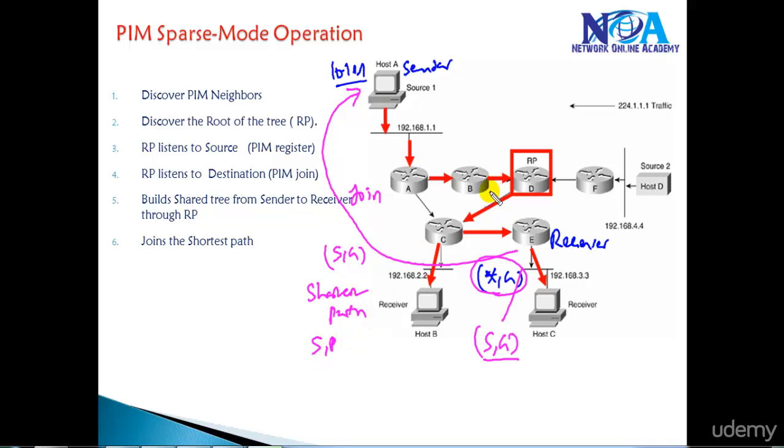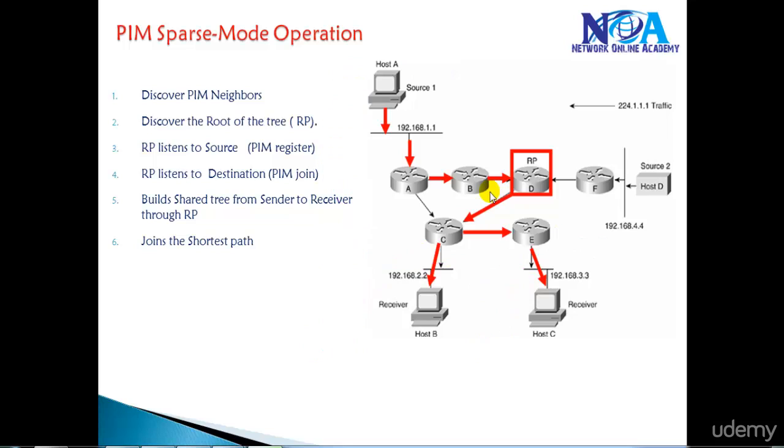This new tree follows the optimal path from the source to the destination, and it removes the need for the RP for forwarding all the multicast traffic, because the source and the receiver know each other directly based on the shortest path. This process of switching from star comma G to S comma G entries, we call the shortest path tree switchover.